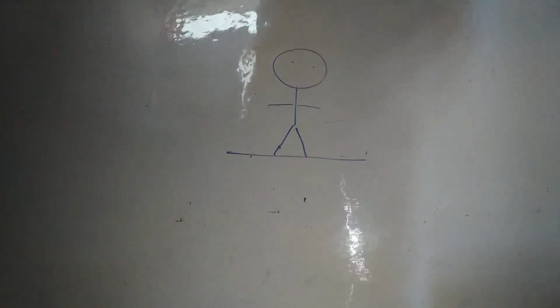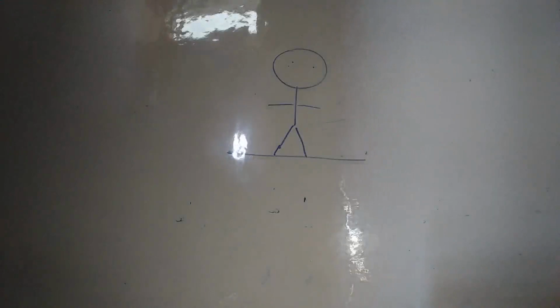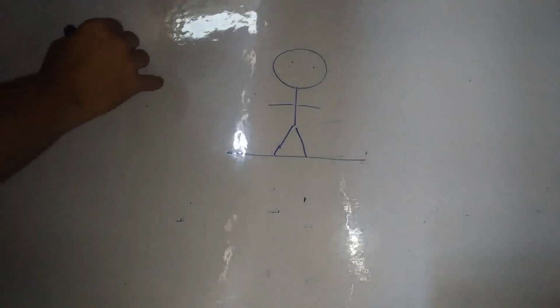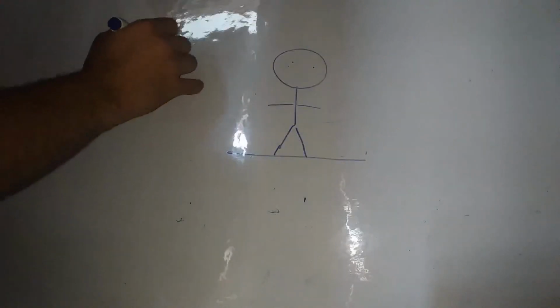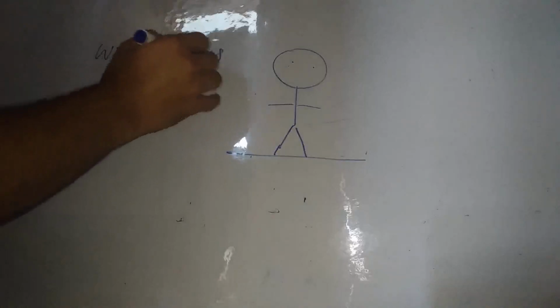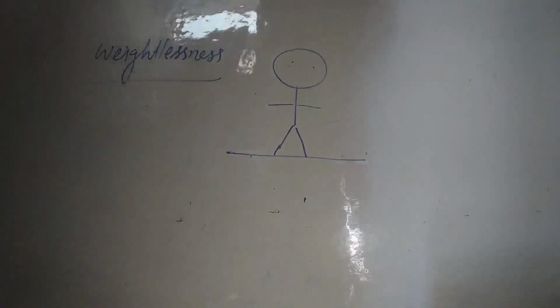So it's a vector quantity. Okay. So we were talking about weightlessness. What is meant by weightlessness? So we said that when this W becomes 0, that is weight becomes 0, we will experience weightlessness.